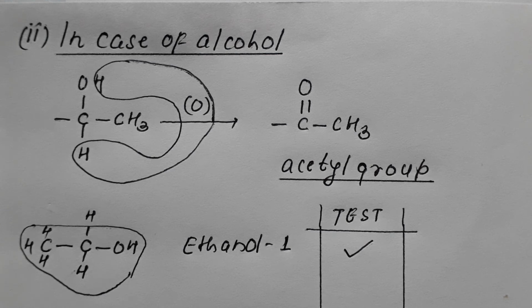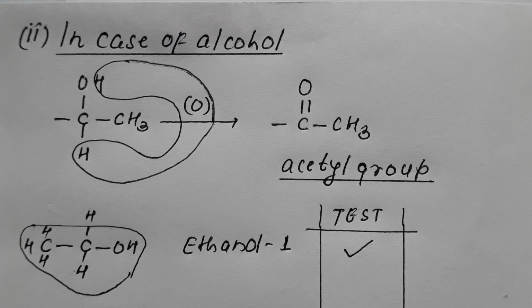Butanol 2 also contains the CH3CHOH group, so it will give the test. Now 2-methyl butanol 2 contains OH and CH3, but the required H is not there, meaning the required group is not present, therefore it will not give the test.